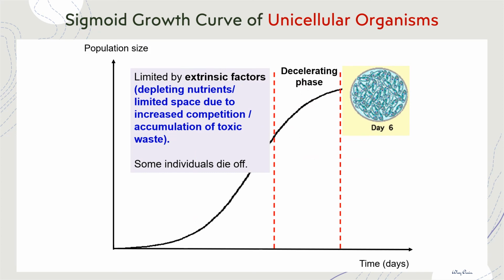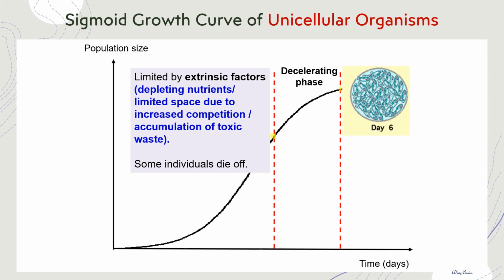For decelerating phase, the growth rate slows down because the petri dish still remains the same size, but the number of unicellular organisms in the petri dish already achieved a high number, so competition occurs.